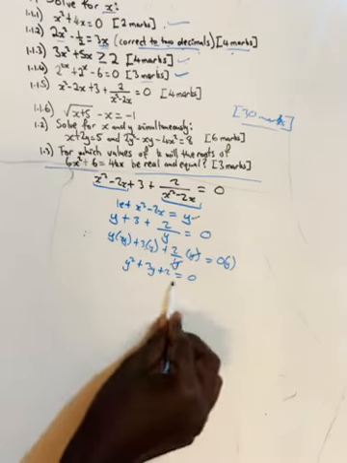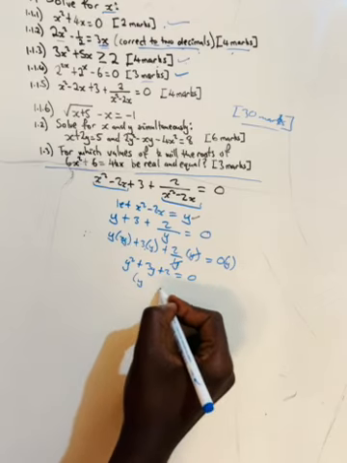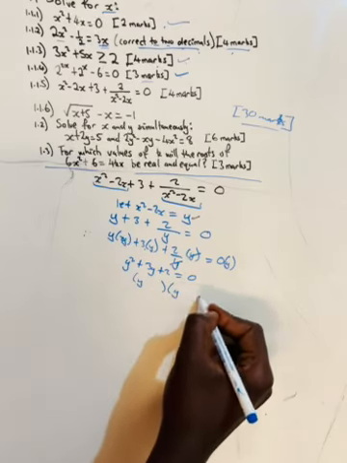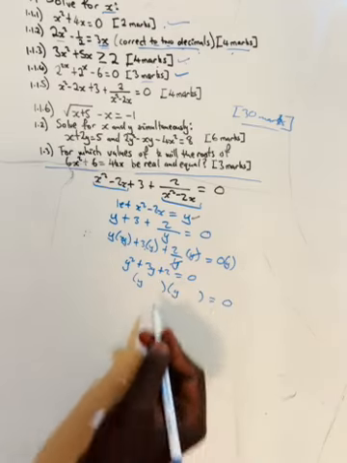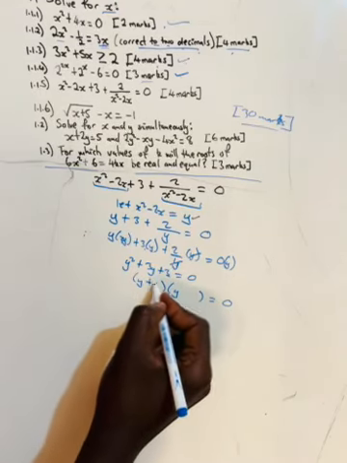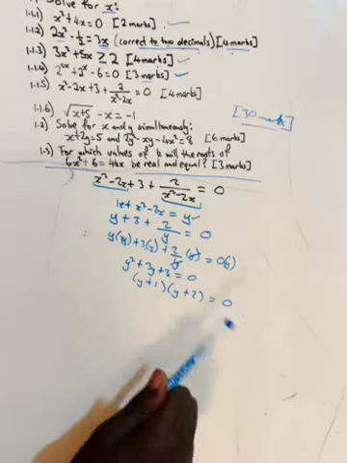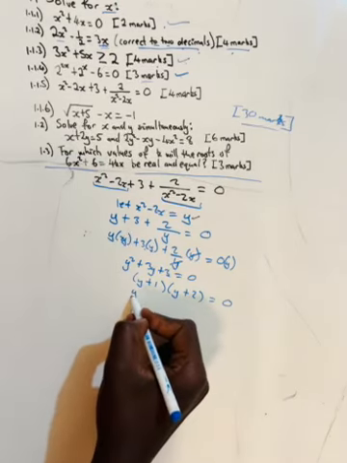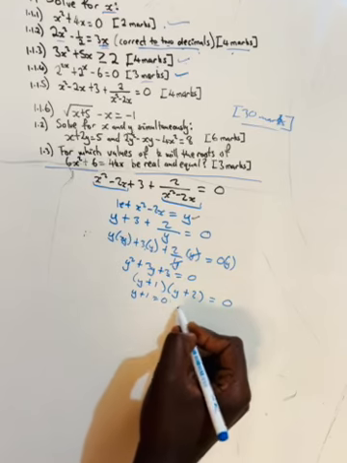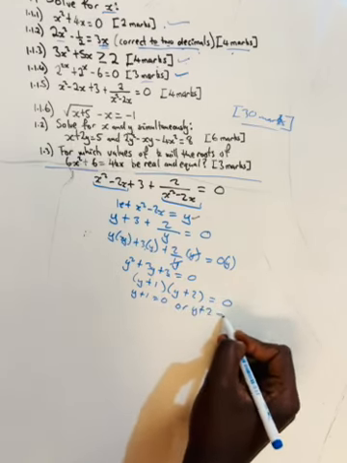From there now, what do I need to do? I need to factorize. So here on this side I've got y, and on the other side I've got y, which is equal to 0. Now I've got 2, and the factors of 2 are positive 1 and positive 2, right? When I proceed now, I'm saying that I've got y plus 1 is equal to 0, or y plus 2 is equal to 0.